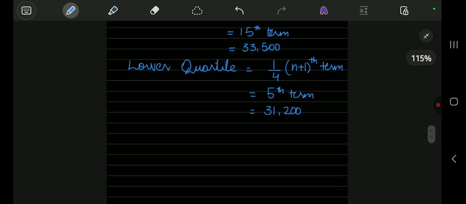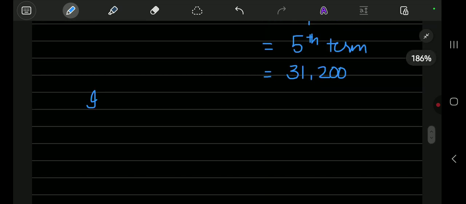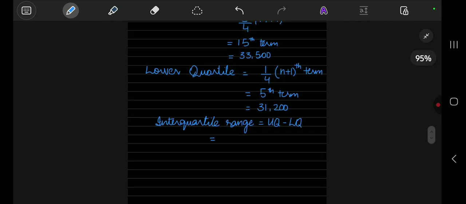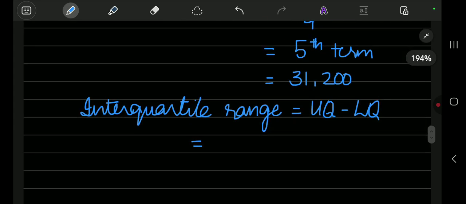Okay, now the interquartile range: upper quartile minus lower quartile, and that is 33,500 minus 31,200.